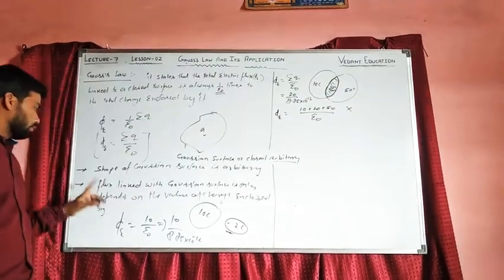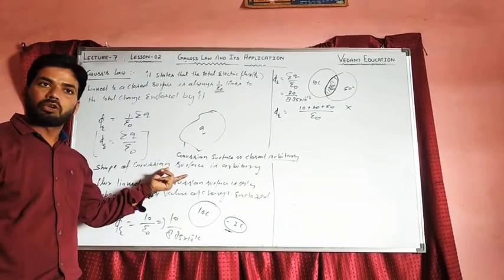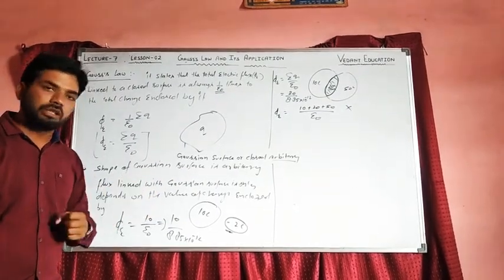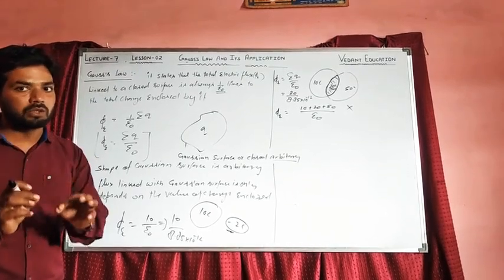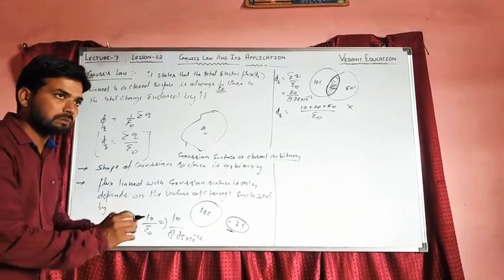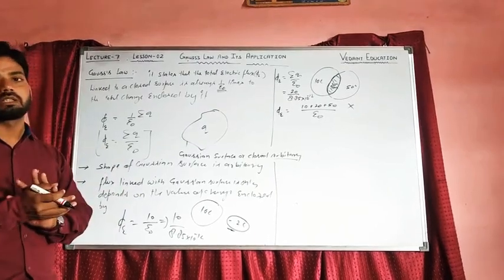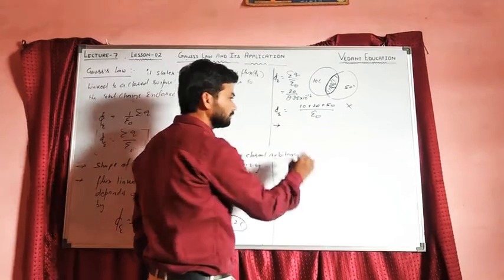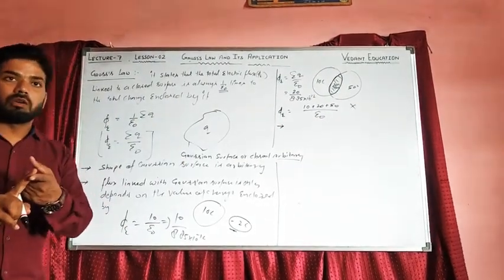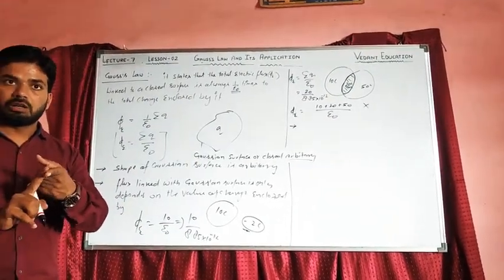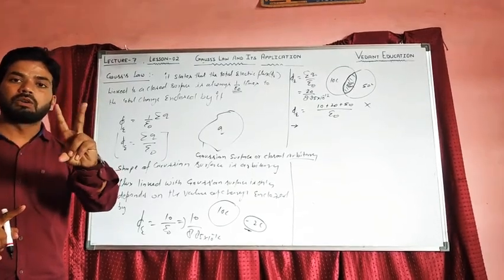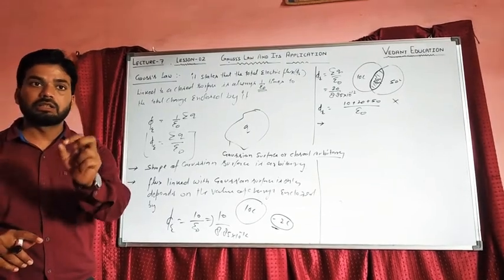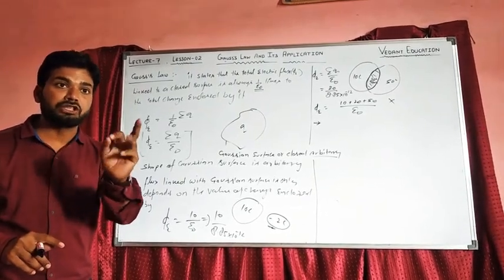So I have told you 2 points. Shape of the Gaussian surface is arbitrary. Flux linked with the closed Gaussian surface only depends on the total charge placed inside the Gaussian surface, right? Third point, Coulomb's law. There are 2 boundaries of Coulomb's law. Charges should be point shape and charges must be stationary.